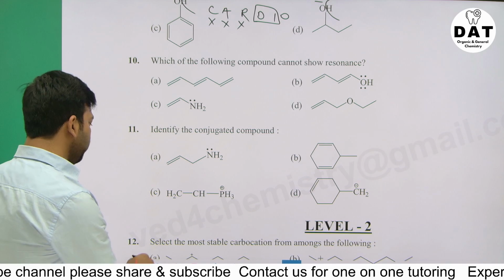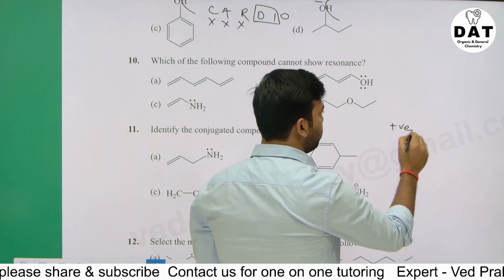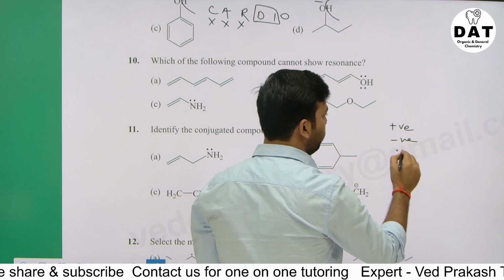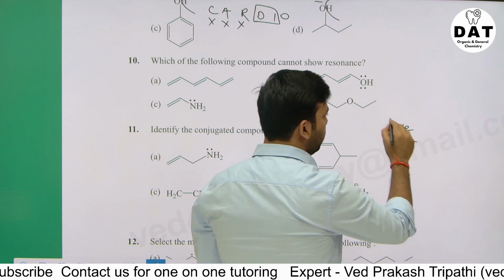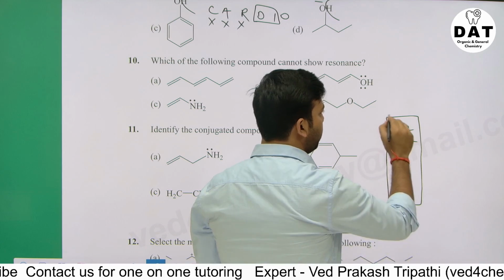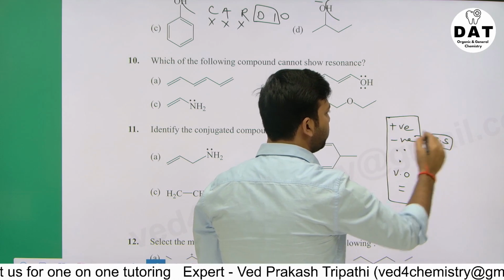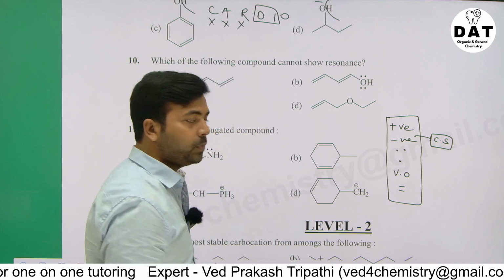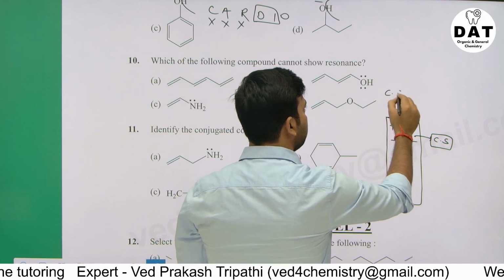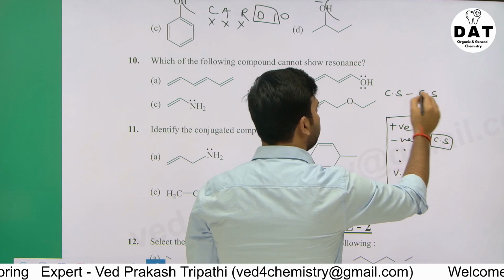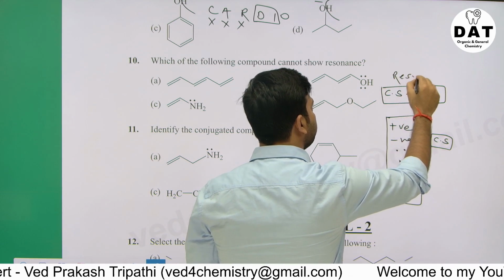I have discussed in my videos that whenever you have species like positive charge, negative charge, lone pair, radical, vacant orbital and double bond, if these species are in alternate positions, they are called conjugate species. When these species are in alternate position, that is the condition of resonance. Means between two conjugate species there should be a single bond.